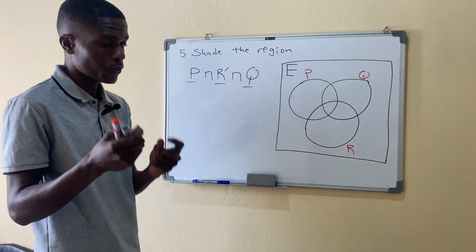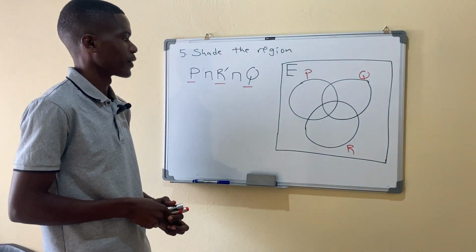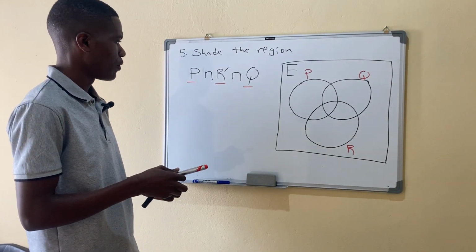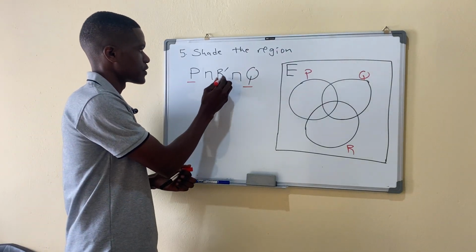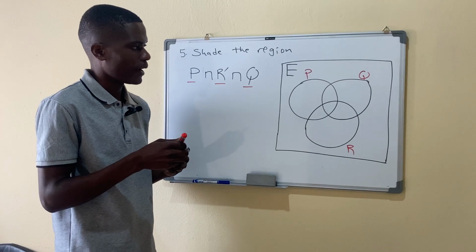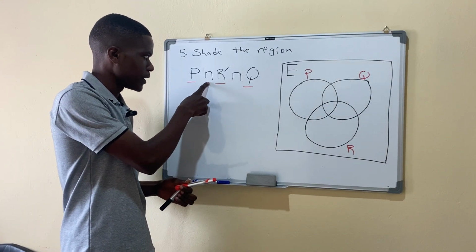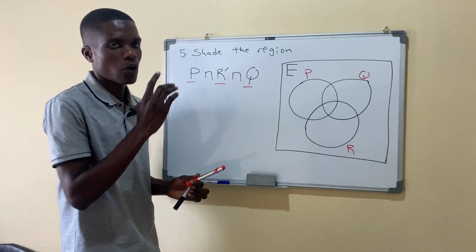So I'm going to show you the best way to shade a set on a Venn diagram. Okay, so this part you're seeing, R complement, it implies elements outside R. Intersection means what is common.